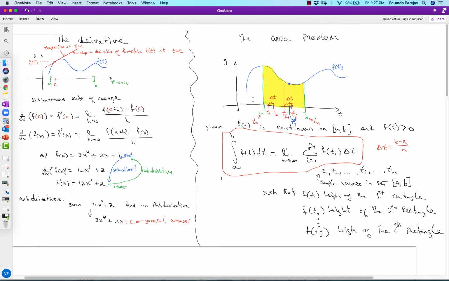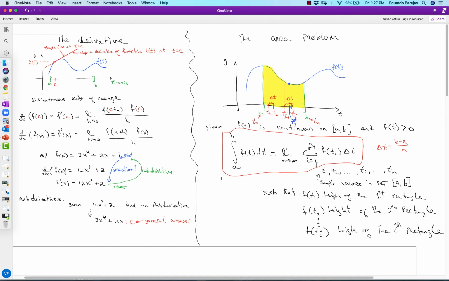Then all of a sudden we switched gears into this seemingly new idea called the area problem. So now we're interested in the area that is trapped between the function, f of t in this case, and the t-axis, between t equals a and t equals b. We initially did it by coming up with approximating rectangles and then finding the limit as n goes to infinity of those n rectangles.